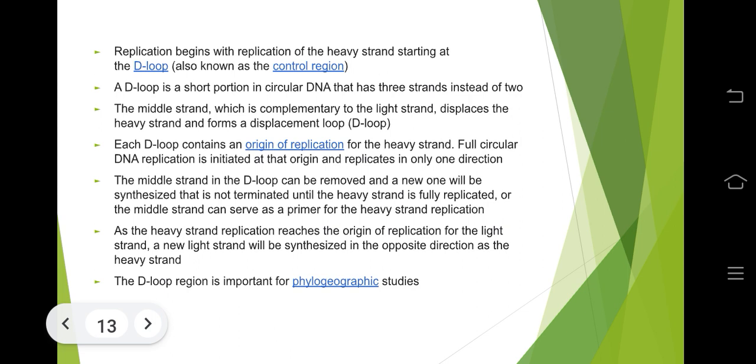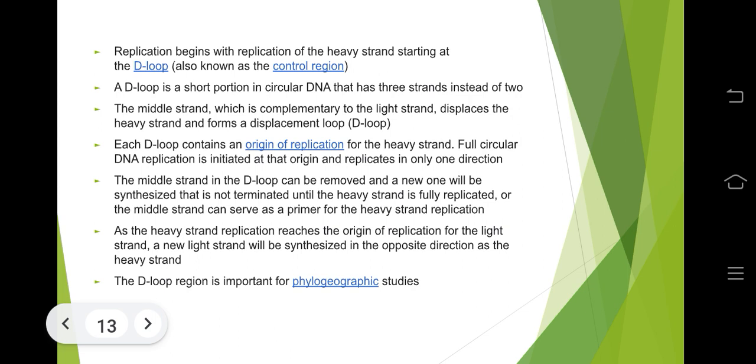A D-loop is a short portion in circular DNA that has 3 strands instead of 2. The middle strand, which is complementary to the light strand, displaces the heavy strand and forms a displacement loop, or D-loop. Each D-loop contains an origin of replication for the heavy strand. Full circular DNA replication is initiated at that origin and replicates in only one direction.